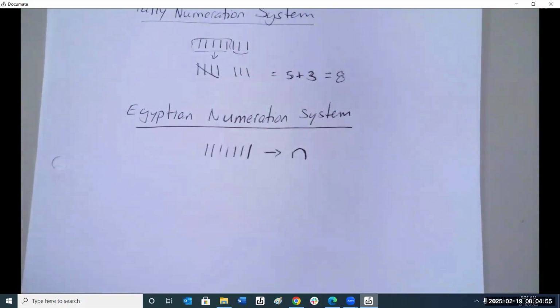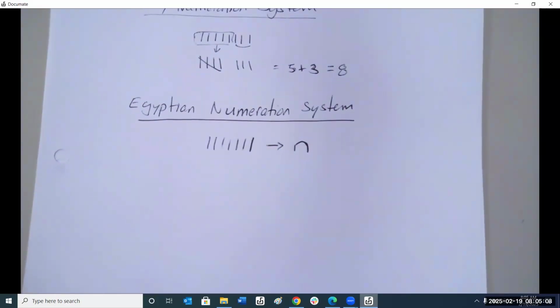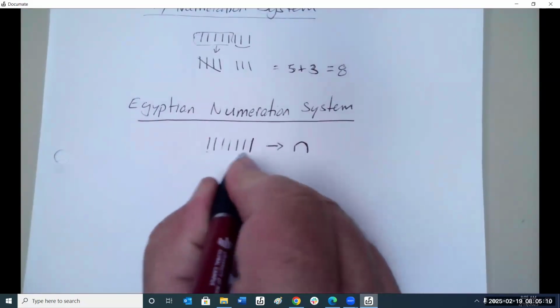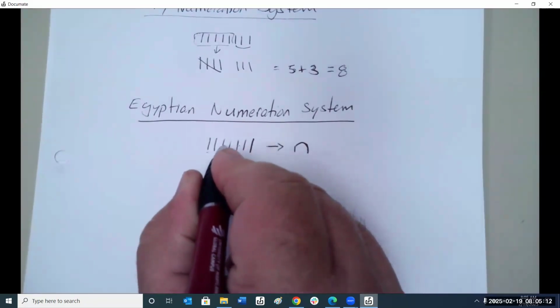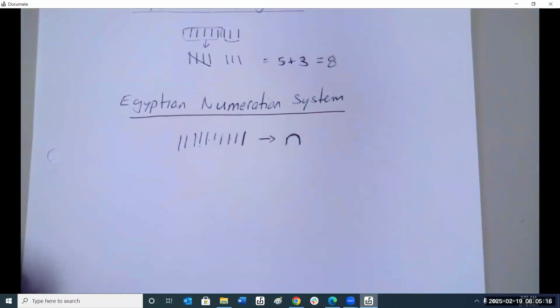Remember, the Egyptians had something called hieroglyphics, or cuneiform type writings, where they took pictures to represent words. Instead of writing them out, they put pictures. So instead of 10 hash marks, they put an N.